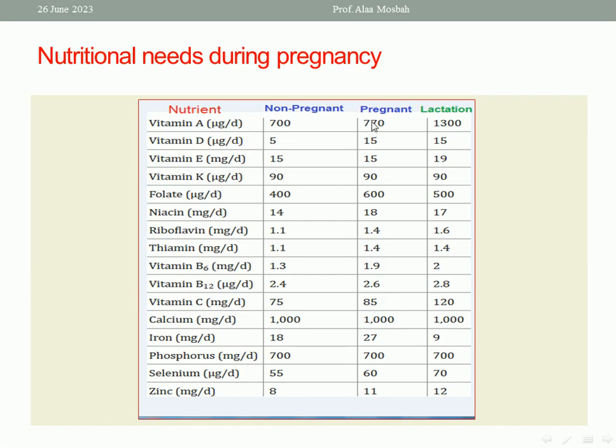This is for pregnancy. Okay, also vitamin B is important, B1, B6, B12. Vitamin C is important also. The daily requirement during pregnancy in vitamin C about 85 milligram per day.